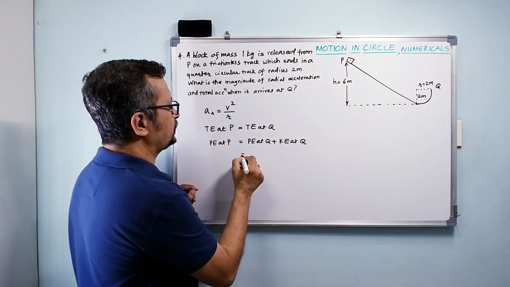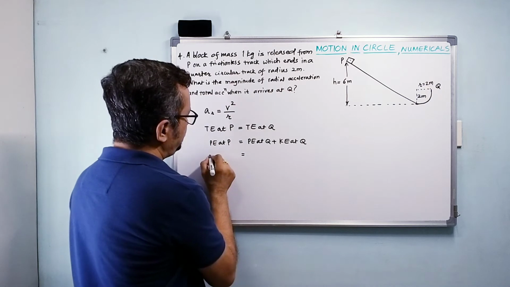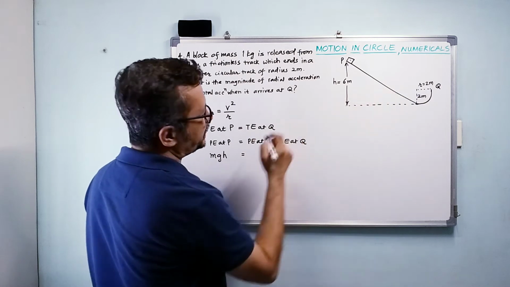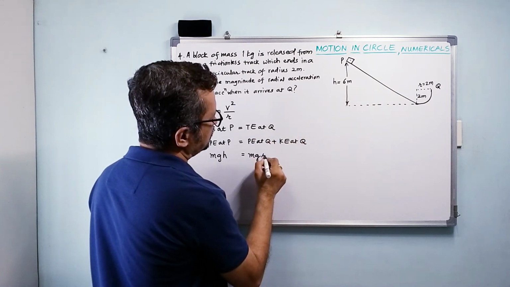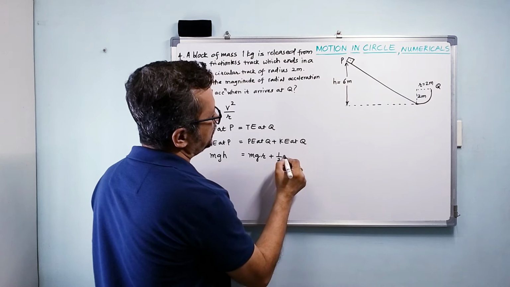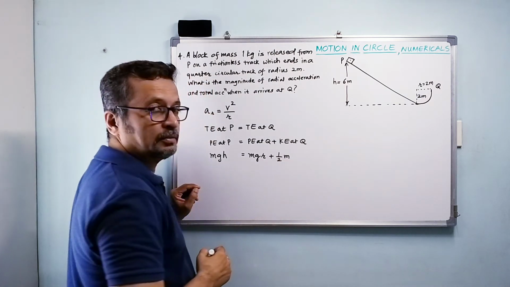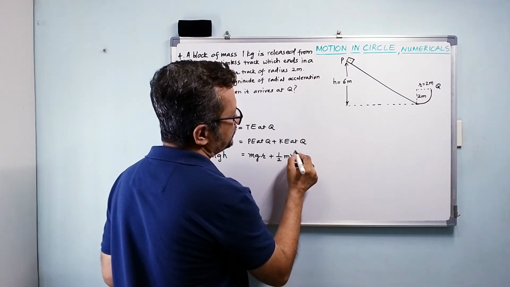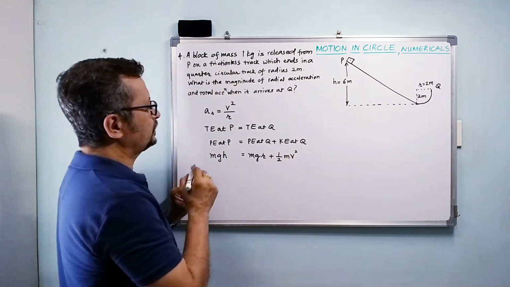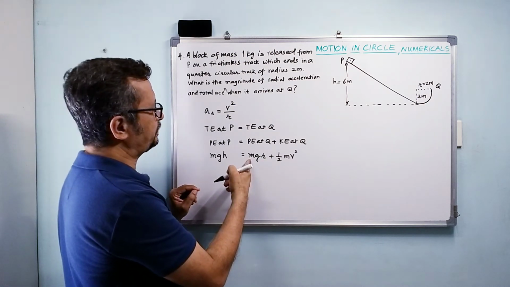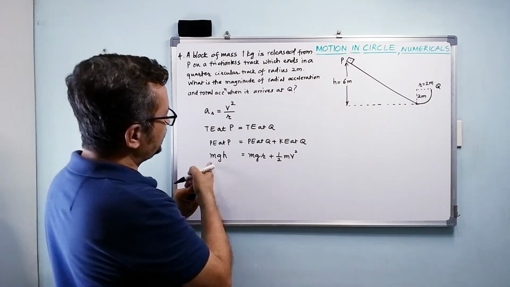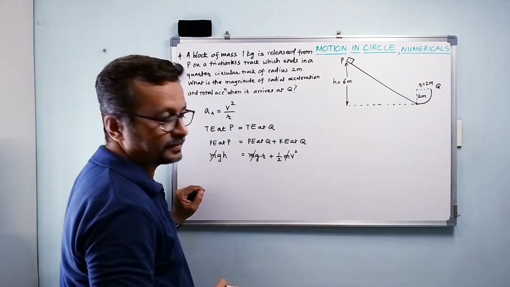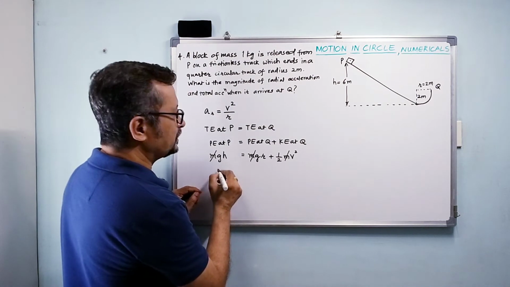So now I have mgh is equal to potential energy mg times r plus half m v square, that we don't know, that is what we need to find out. I know r, I know m, but you can see here that mass is getting cancelled on both the sides, correct? So now let us substitute.